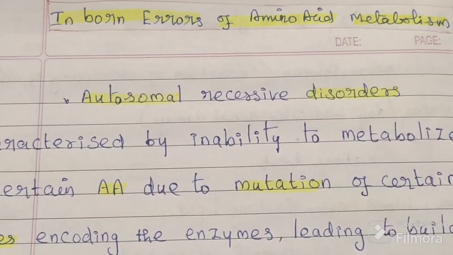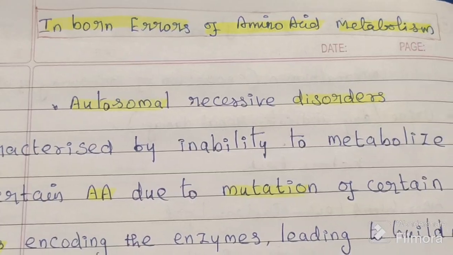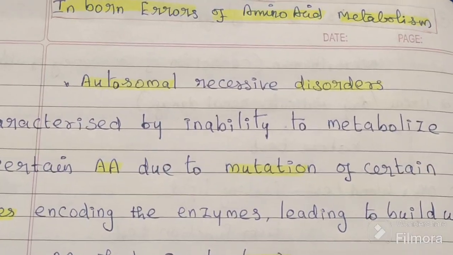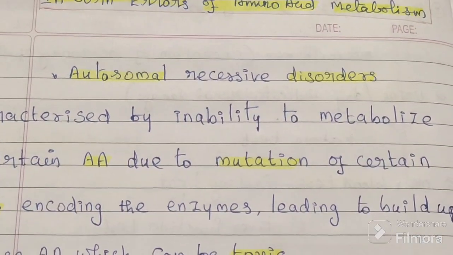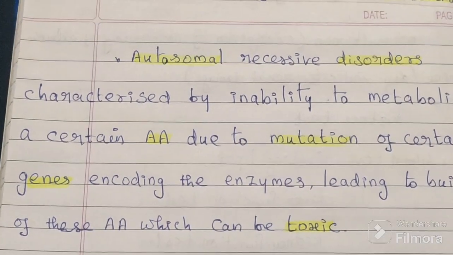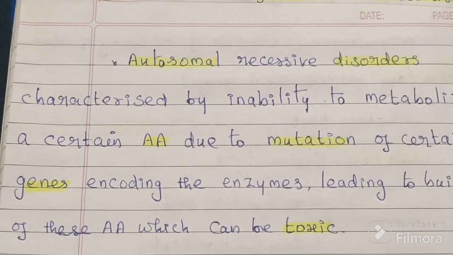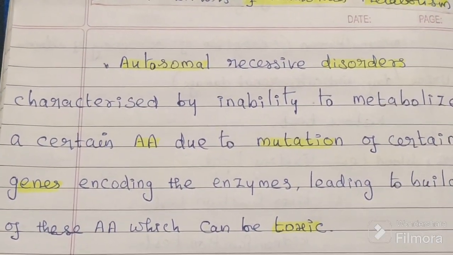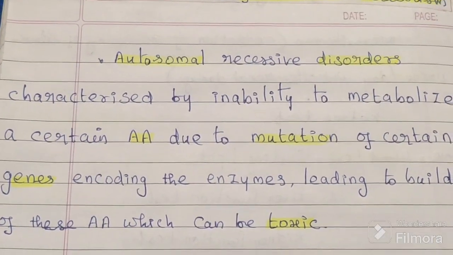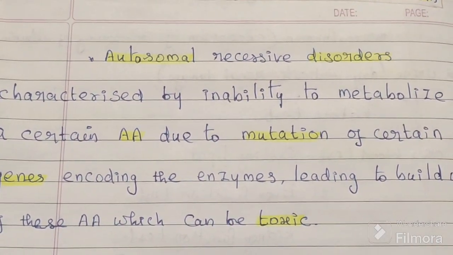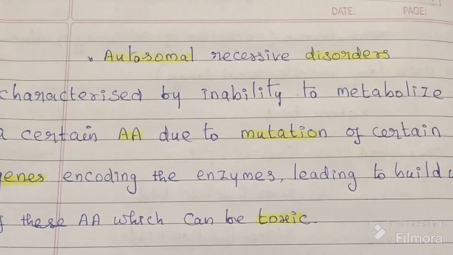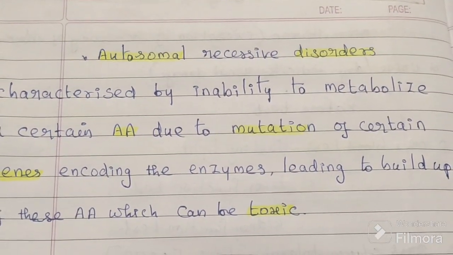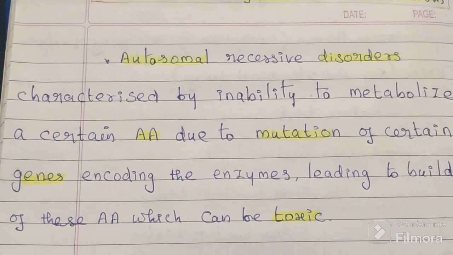Amino acid metabolism disorders are autosomal recessive disorders characterized by inability to metabolize some amino acid due to mutation of some gene encoding the enzyme, leading to buildup of these amino acids which can be toxic.